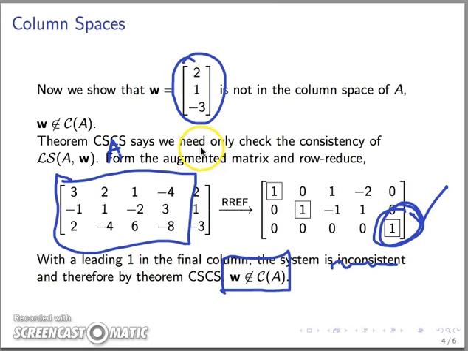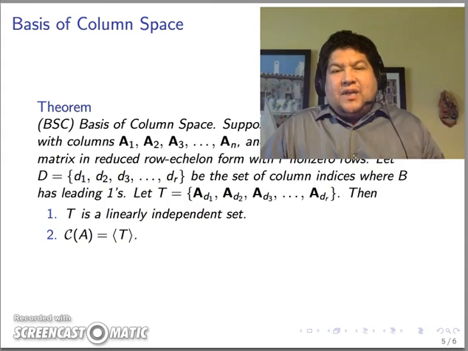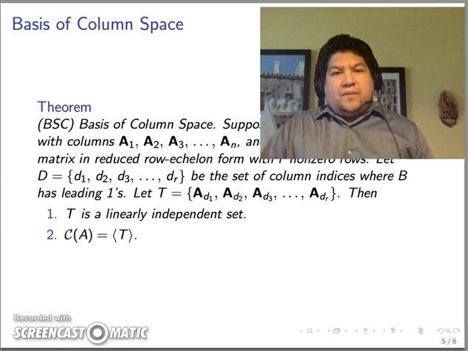There is no way of finding values for scalars alpha 1, alpha 2, alpha 3, alpha 4 such that the linear combination would be exactly equal to this vector. So now let's review a theorem that we had learned in a different context, and let's review it in the context of the column space.